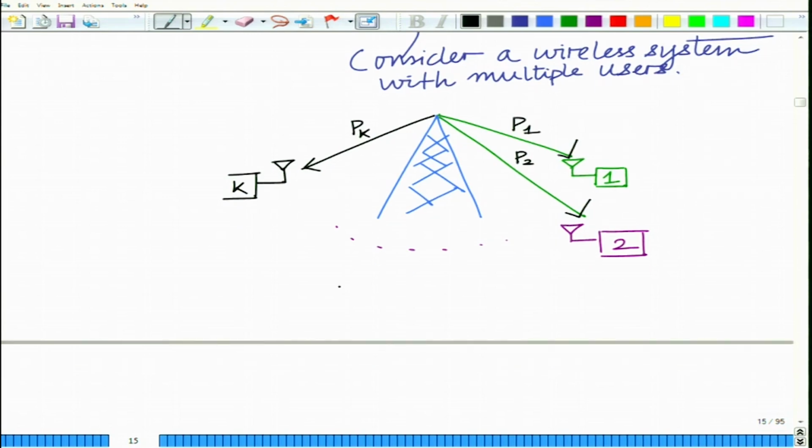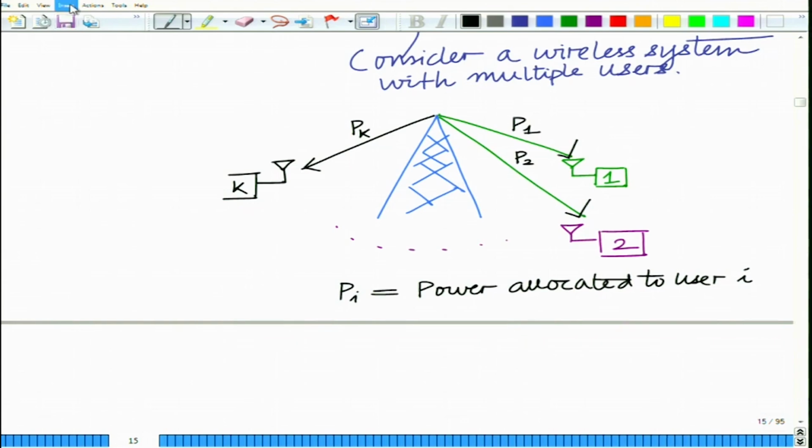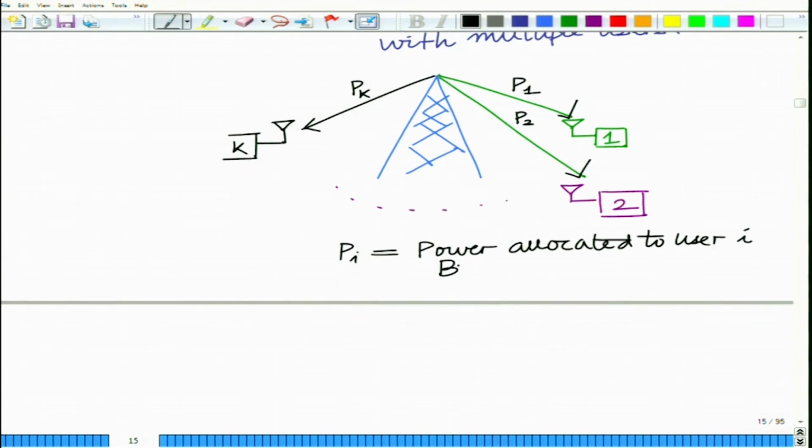So Pi equals the power allocated to user i by the base station.